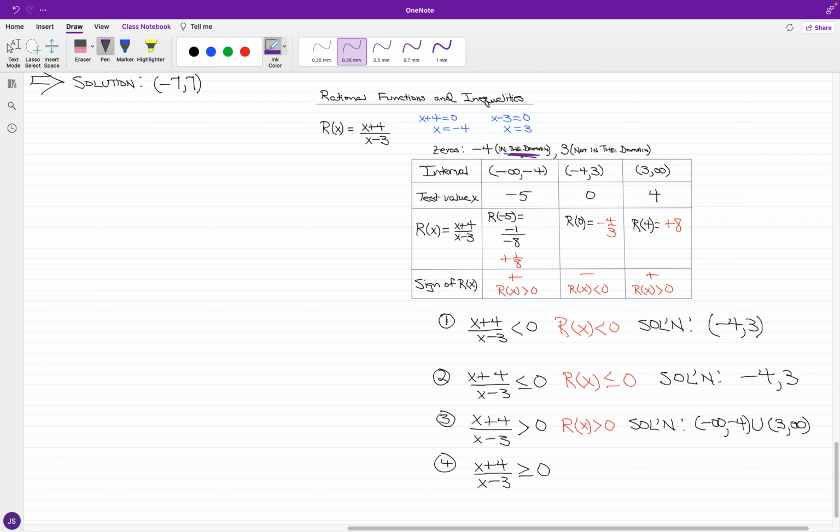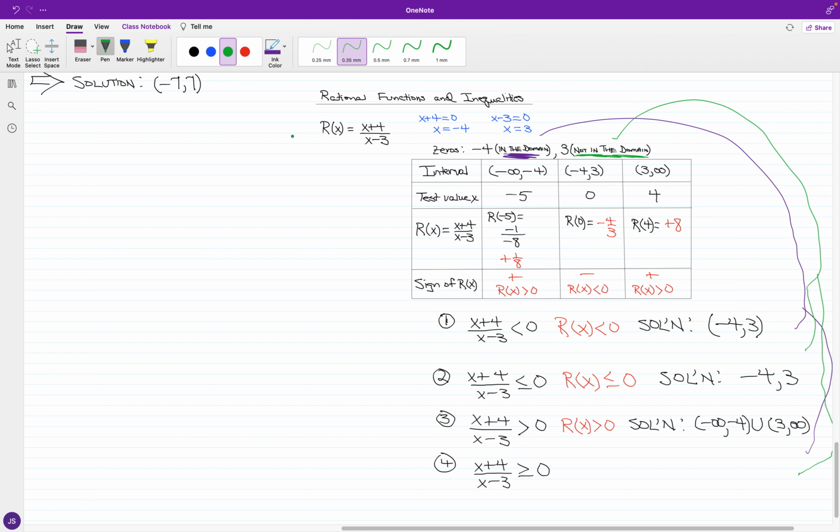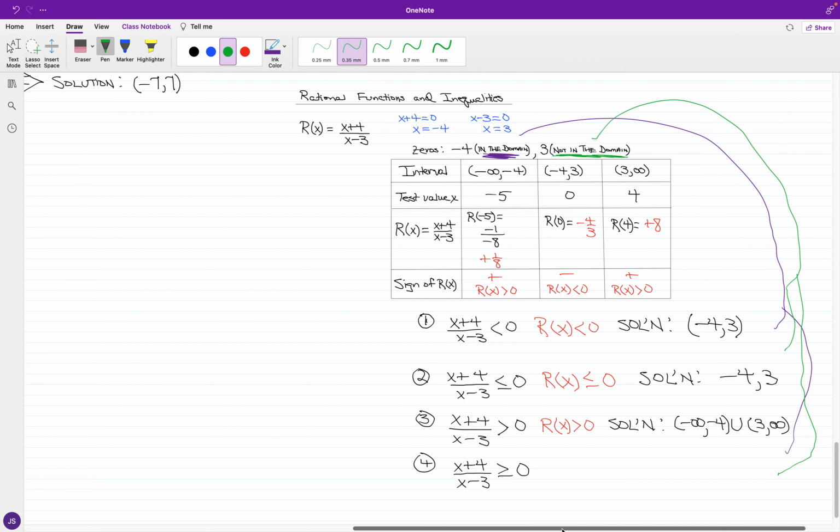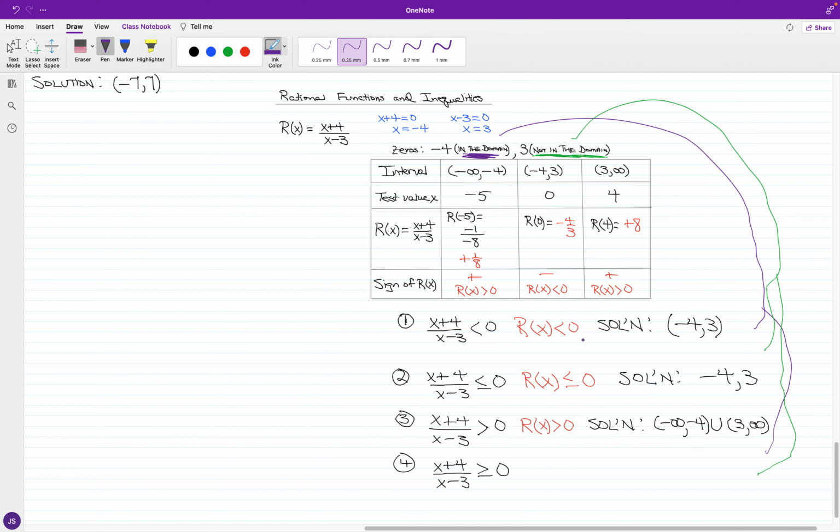That part is in the domain, whereas 3 is not in the domain.